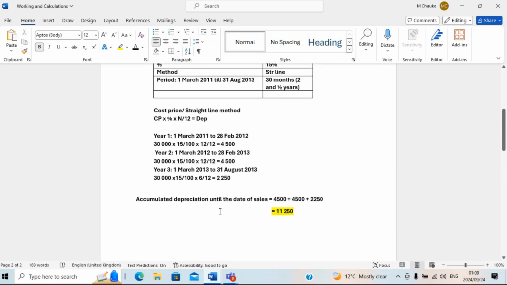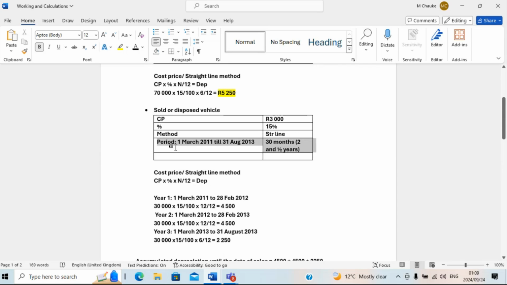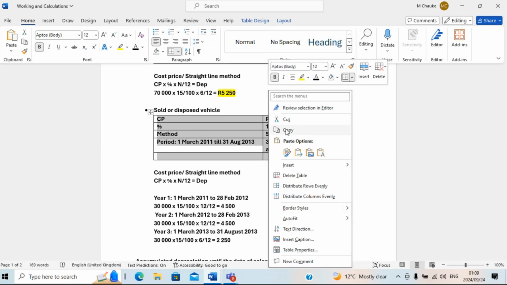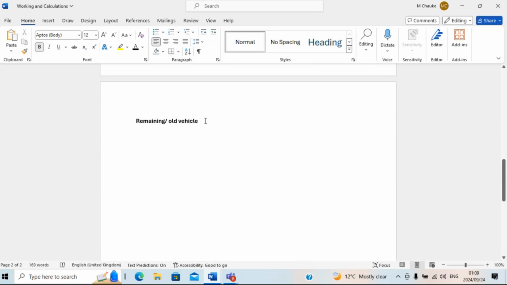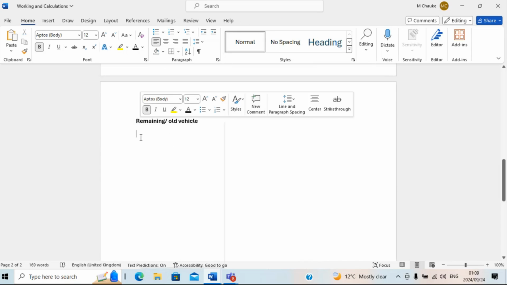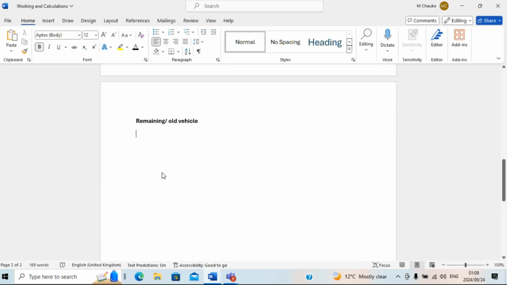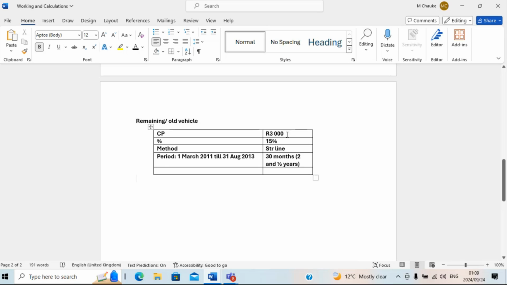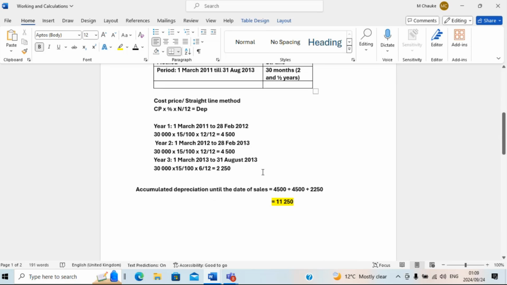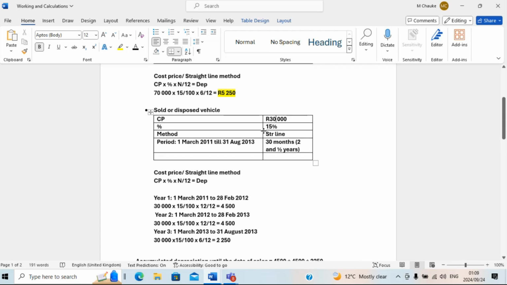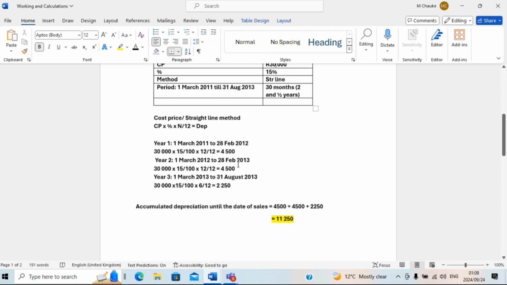So we're still going to use the same table. Copy there, I'm going to paste it this side. So remember here, the cost price is 30,000. It's not 3,000, it's 30,000, just to rectify that one.